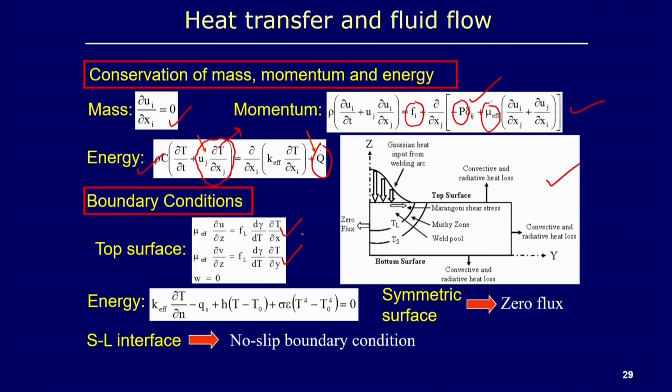Normally we incorporate the surface tension force using the temperature coefficient of the surface tension, this term, and F_L represents the liquid fraction here, and del T by del x represents the temperature gradient with respect to one direction, the x axis. This term represents the shear stress. So we estimate on the surface the shear stress value, two components along the x axis and along the y axis, in this way.